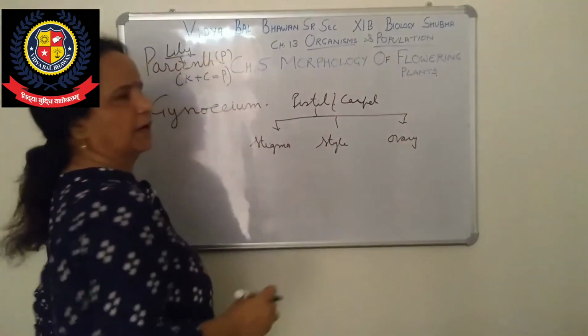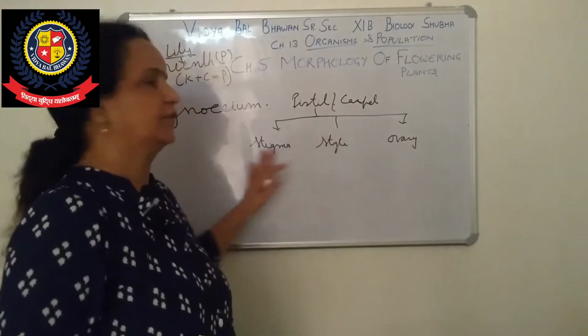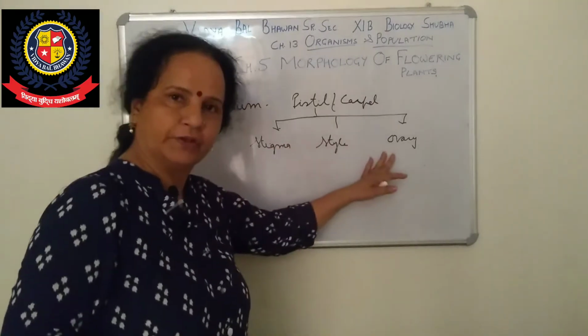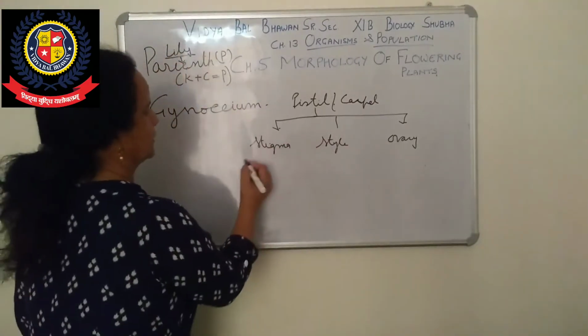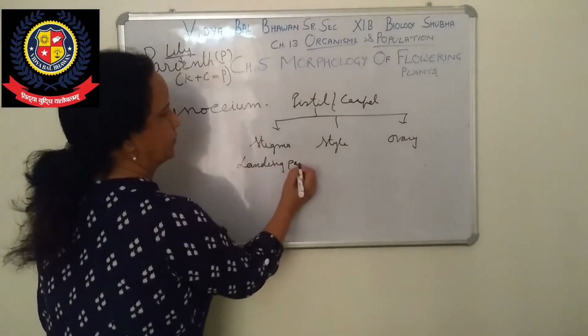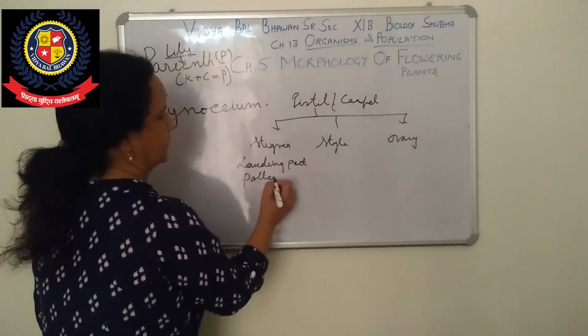The large basal part is called the ovary. The style connects the ovary and the stigma, right? The stigma is the landing part of pollen grains, meaning pollen grains come down here.